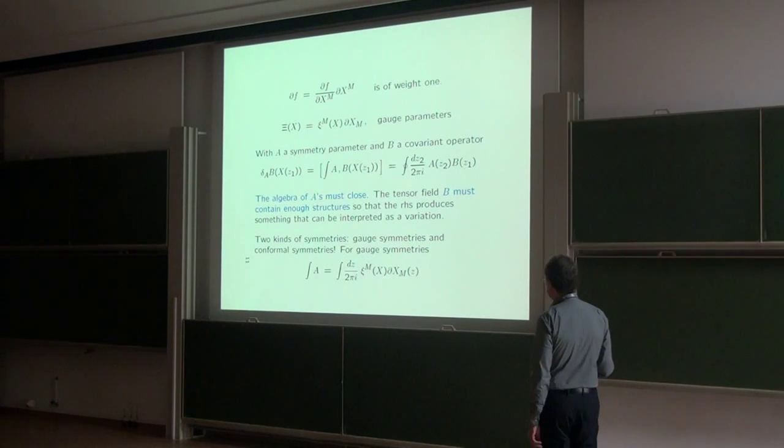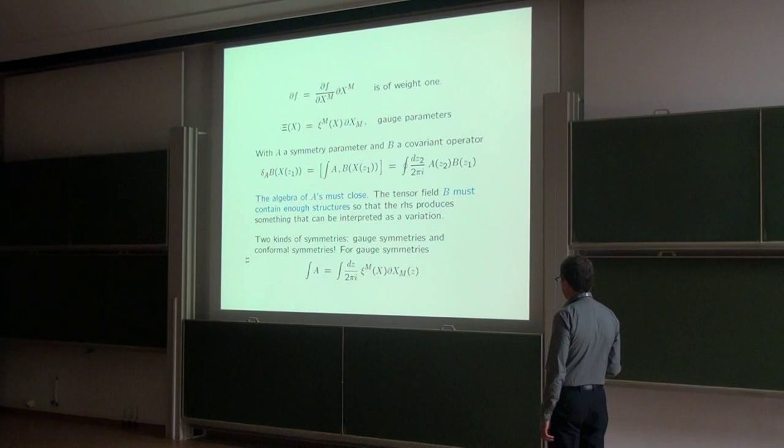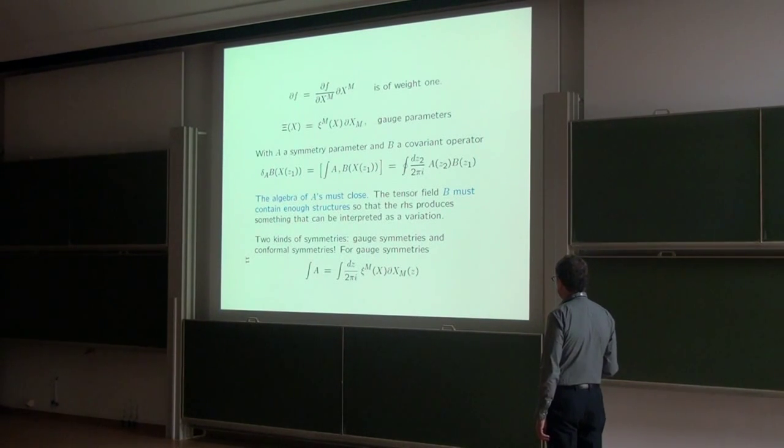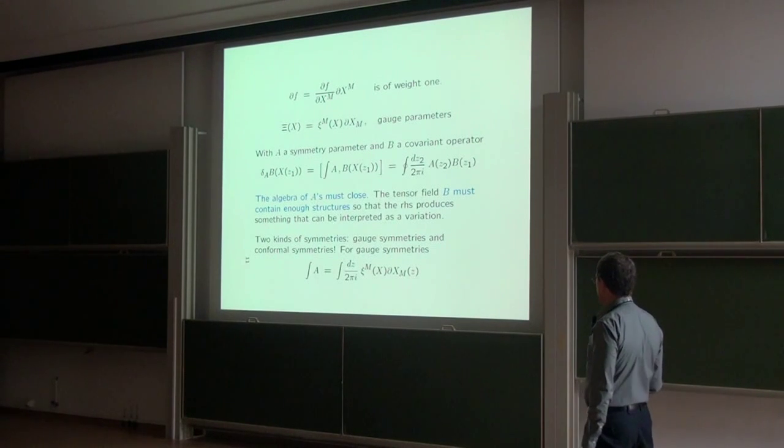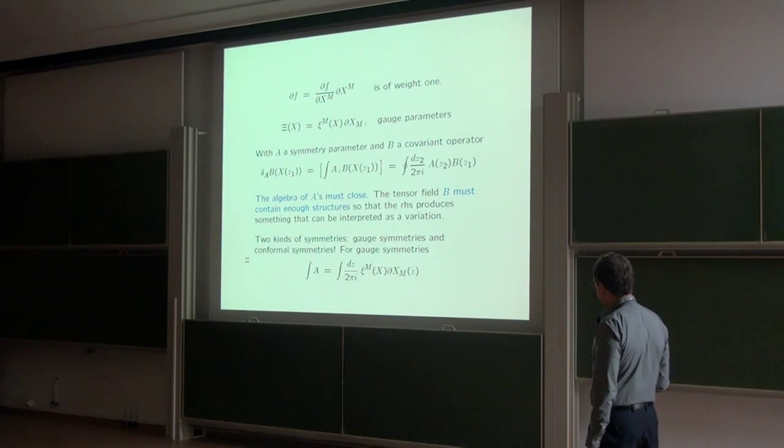When you postulate such a thing, the algebra of the gauge parameters, the A's, must close, and whatever you define as a tensor field, B, must contain enough structures that the right-hand side, which is the variation of B, can be interpreted as truly a variation. So there are actually two kinds of symmetries: gauge symmetries generated by this kind of object and conformal symmetries.